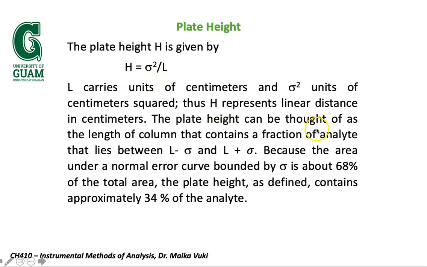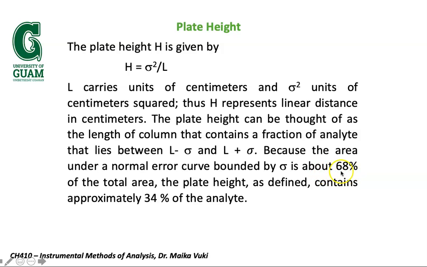So the plate height can be thought of as the length of the column that contains a fraction of the analyte that lies between L minus the standard deviation and L plus the standard deviation. Because the area under the normal curve bound by sigma, that is the first standard deviation, is about 68%.